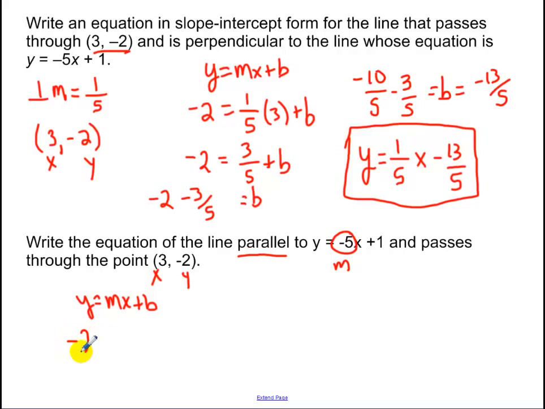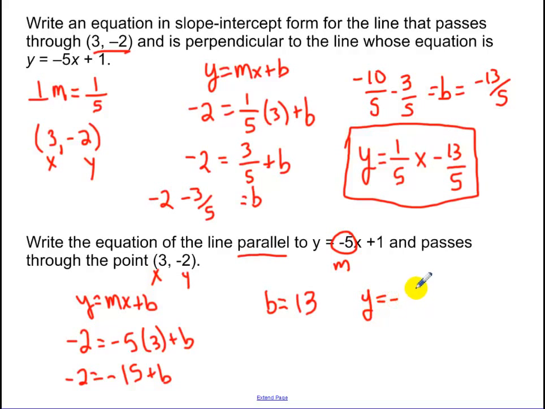Y is -2, m is -5, x is 3, plus b. So I have -2 is equal to -15 plus b. B is going to be equal to 13. So the equation of our line, y equals -5x, same slope since they're parallel, plus 13.